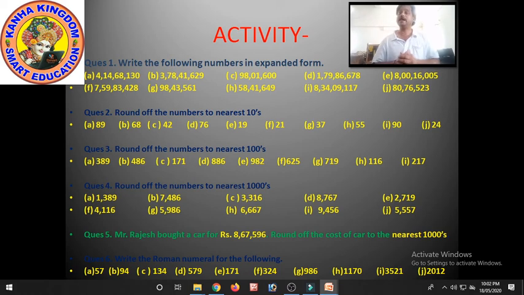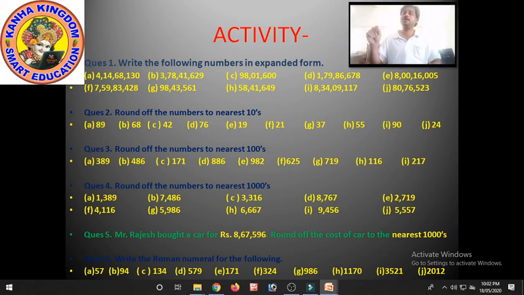You have to round off the cost of the car to the nearest 1000. When you round off the cost of the car to the nearest 1000, remember again the two things that I already told you. What is this? The hundreds place value and the thousands place value.